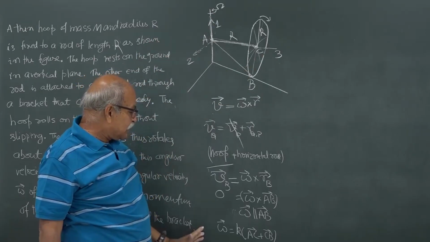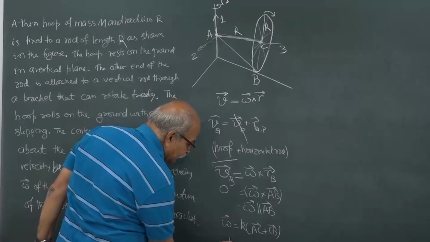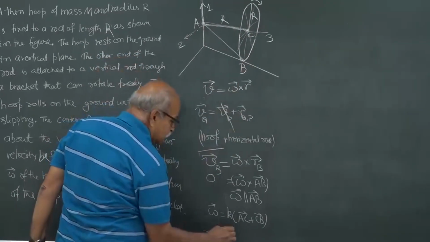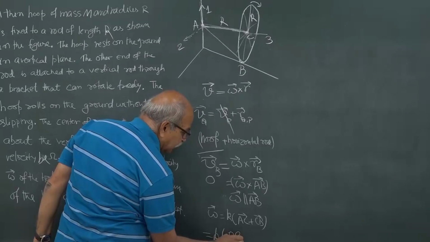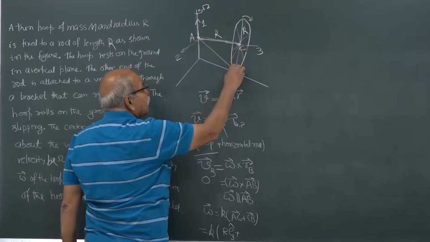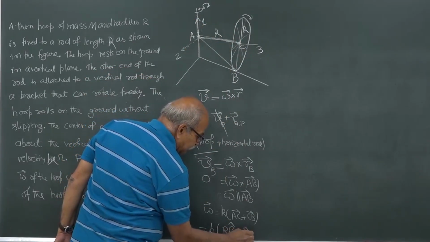So, in this principal axis system, let me write this is k, and AC is R E3 cap, plus CB is R and minus E1 cap.